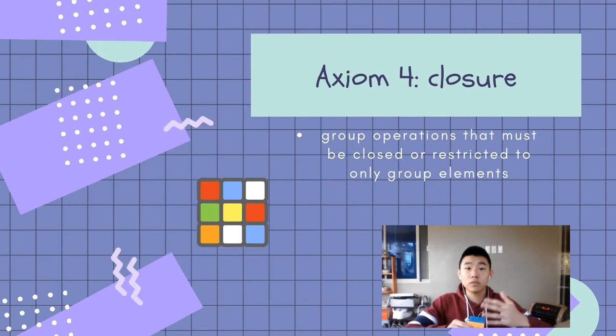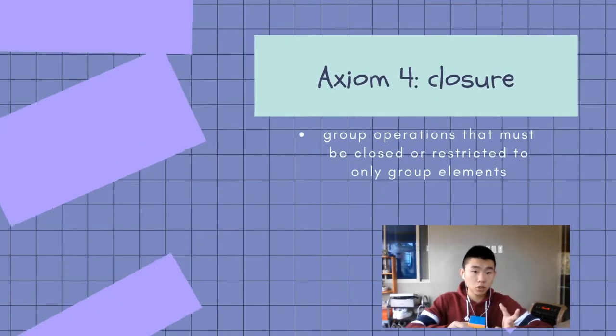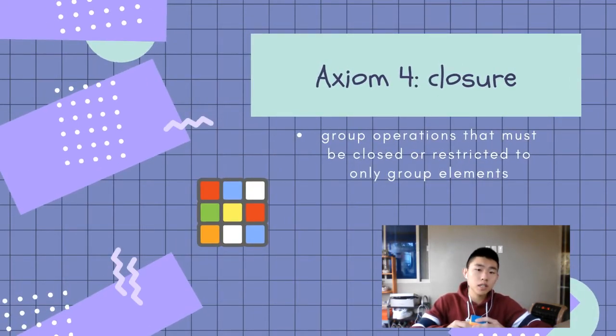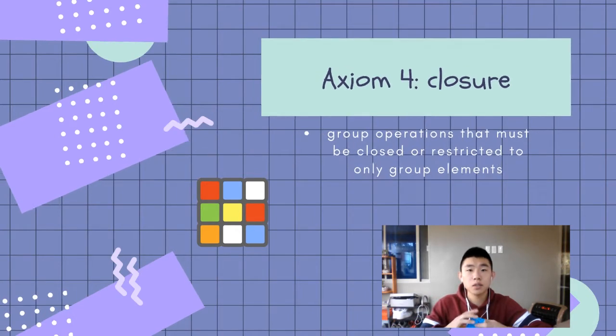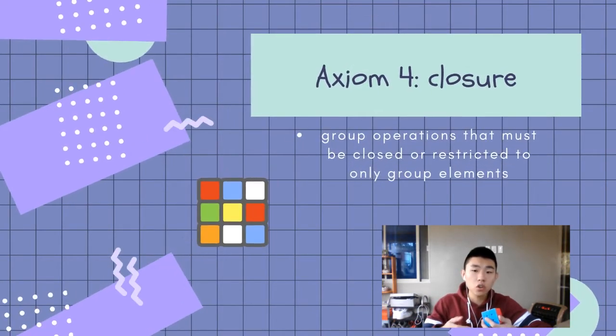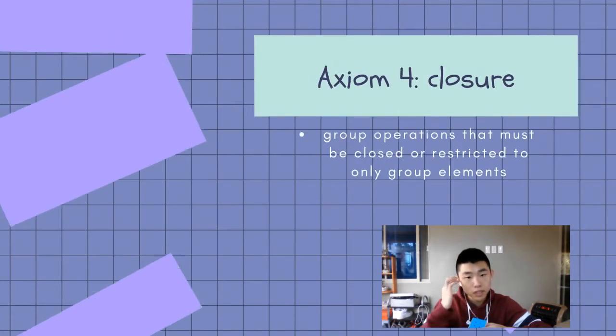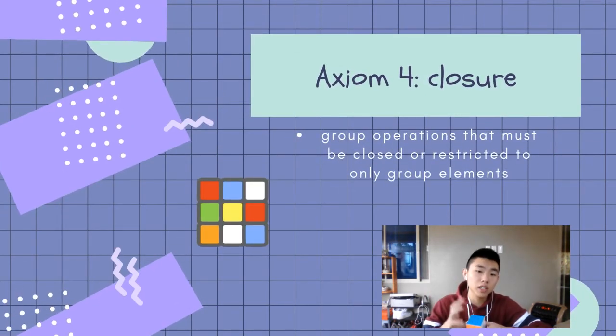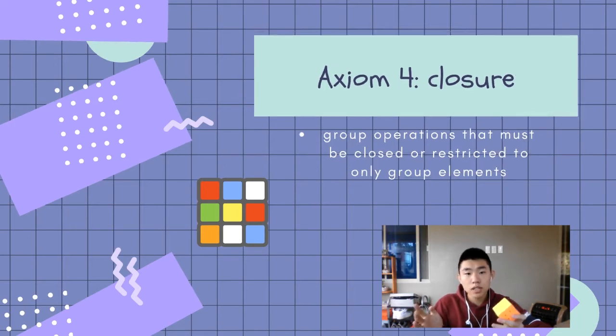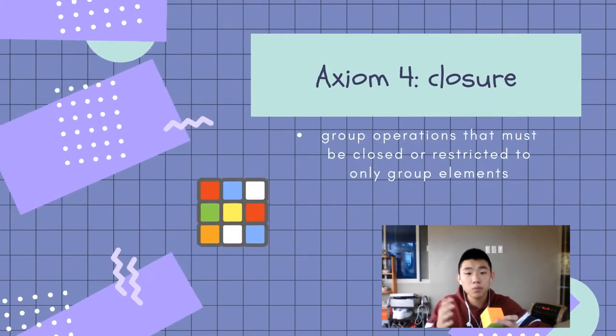And axiom 4, the closure axiom, is said to be that group operations must be closed or restricted to only group elements. Simply, this means that there are only limited elements in a group such that they are the only elements present.